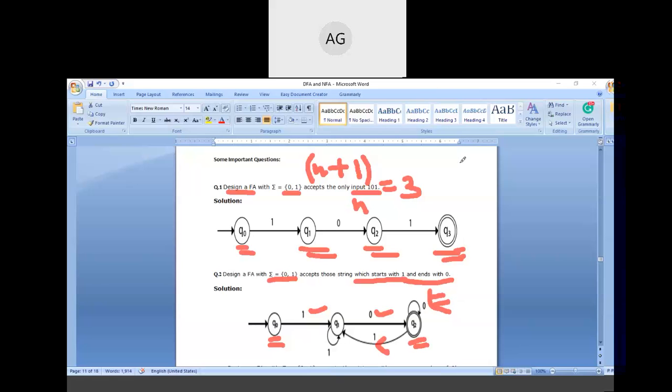Just write in the chat box so that we can proceed further. We are discussing some important types of questions. Is anybody facing some problem? Then ask in the chat box.